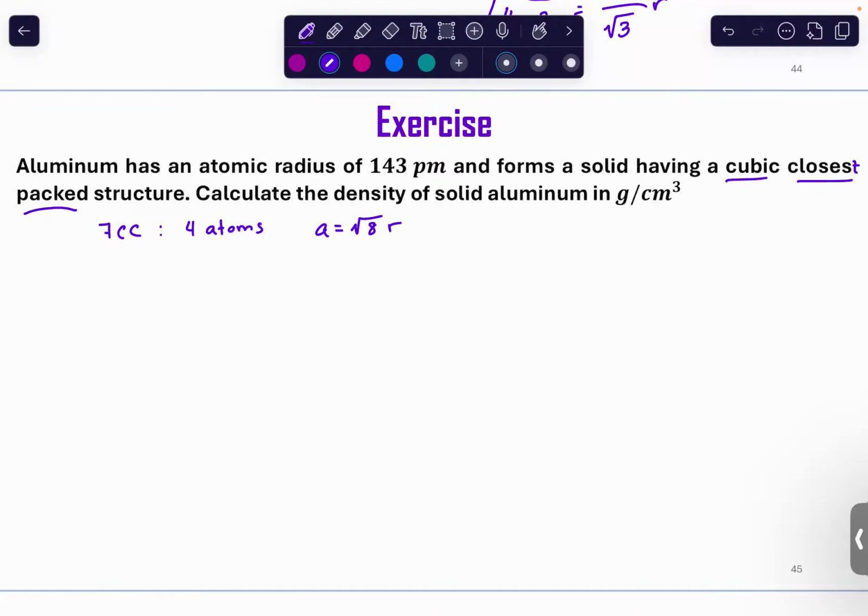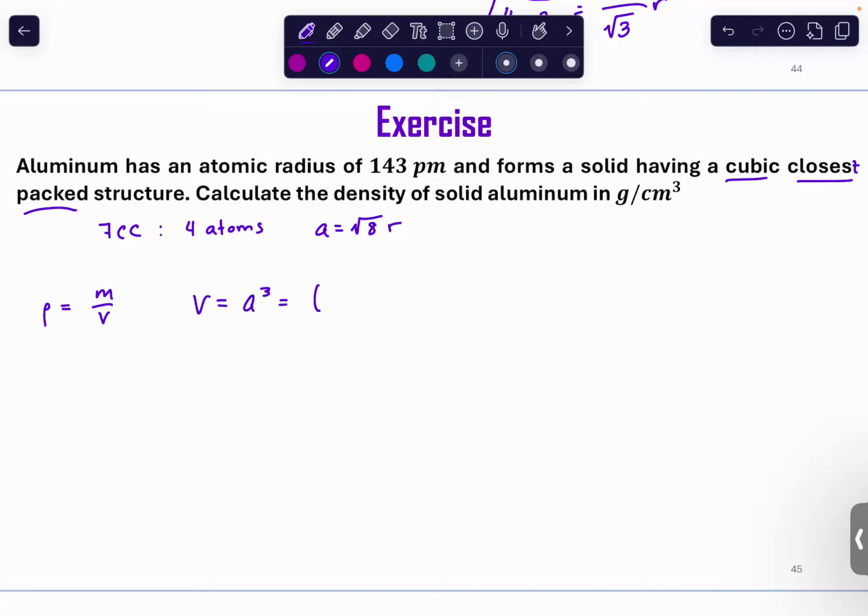Okay. So first off, density, mass over volume. How do I get the volume of a cube? Side cubed.